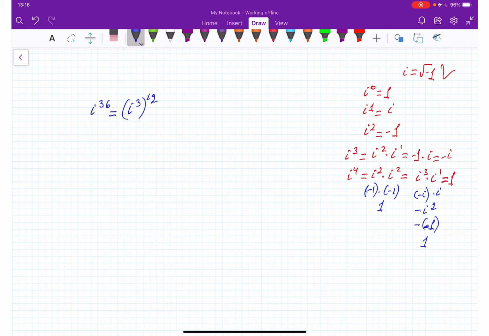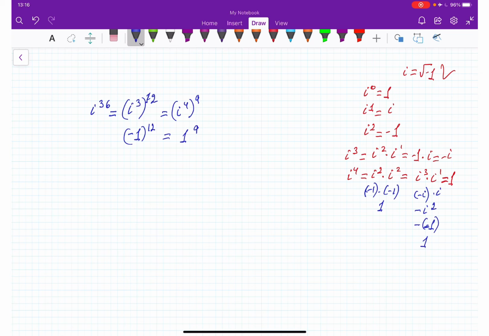Or I can represent i to the power 4 to the power 9, right? Okay, either way. So let's see, i to the power 3 is negative 1 to the power 12, or i to the power 4 is positive 1 to the power 9.